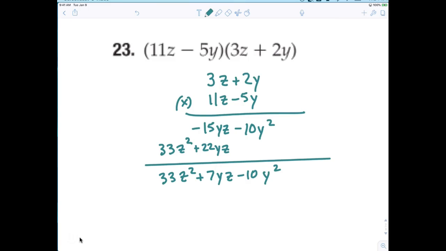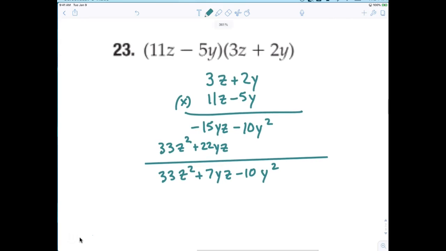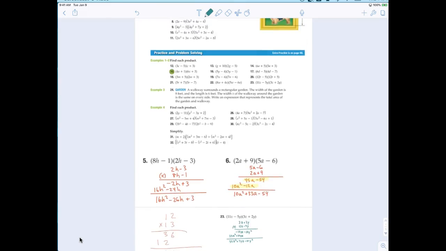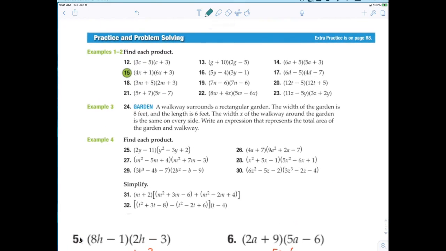Now I'm going to kind of alter the homework, so I need you to pay attention. Your homework is to do 12 through 22, because we did 23 already.